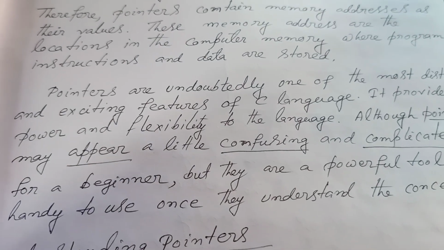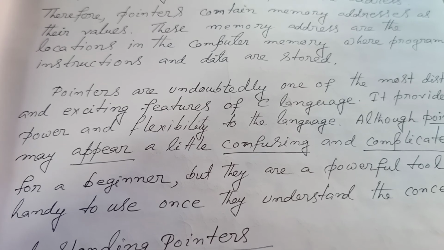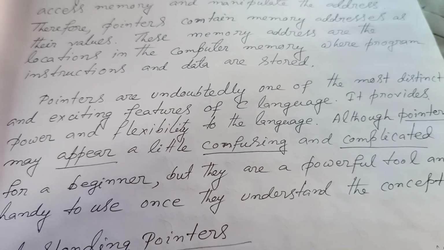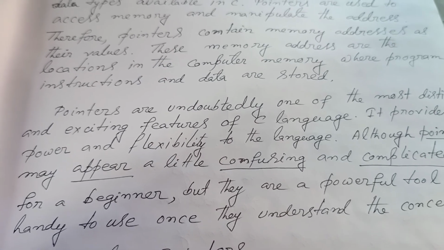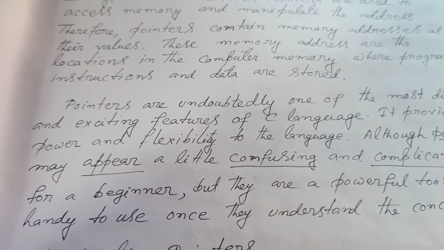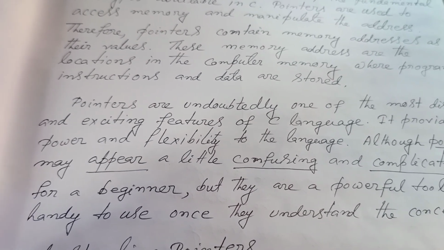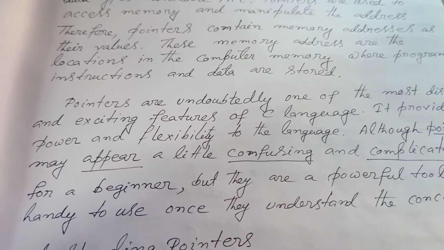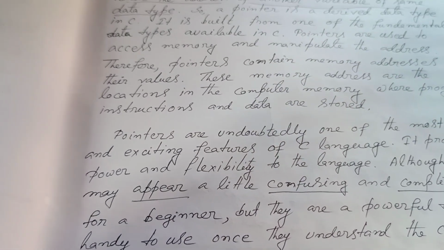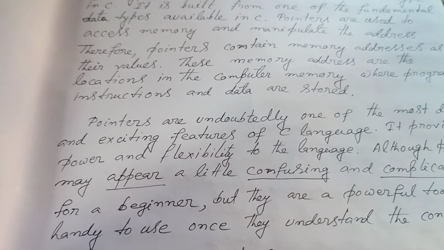It provides power and flexibility to the language. Although pointers may appear a little confusing and complicated for a beginner, they are powerful tools and handy to use once you understand the concept. So after understanding the concept of pointers, it is easy to use.